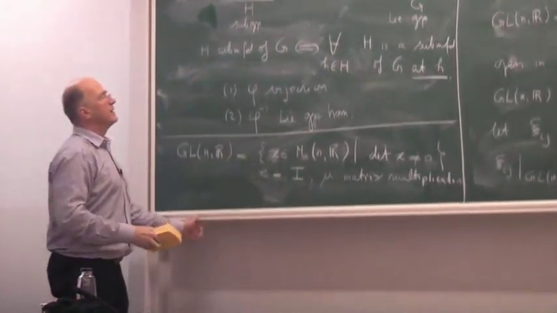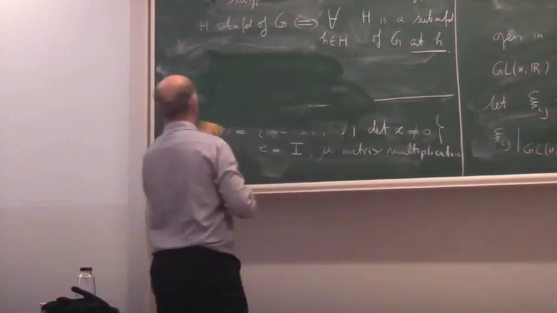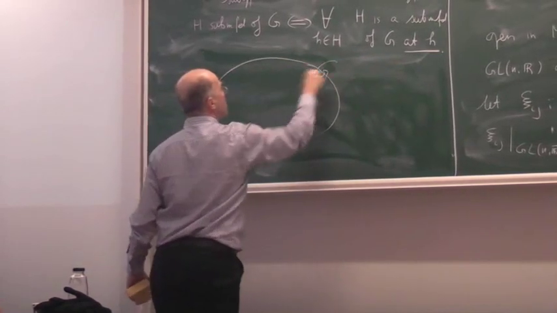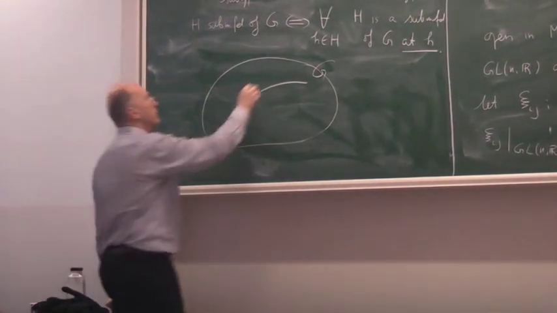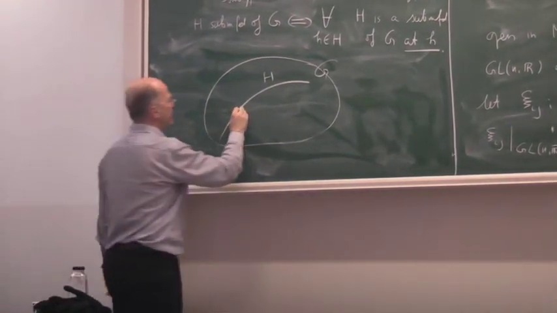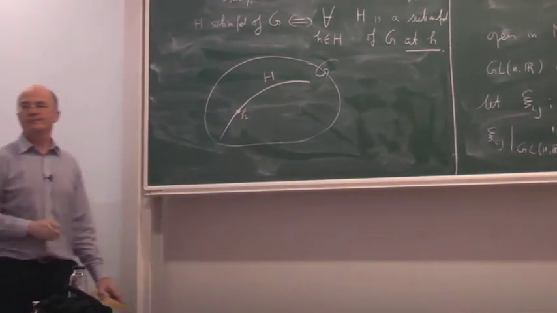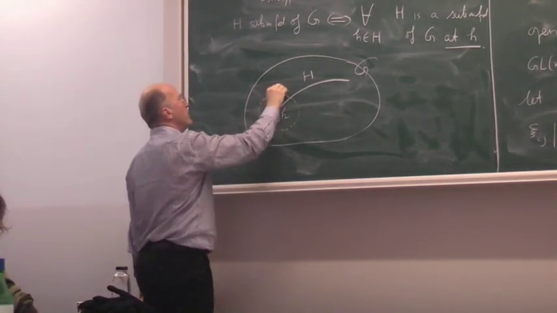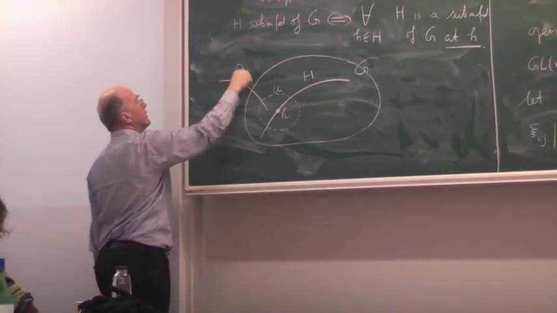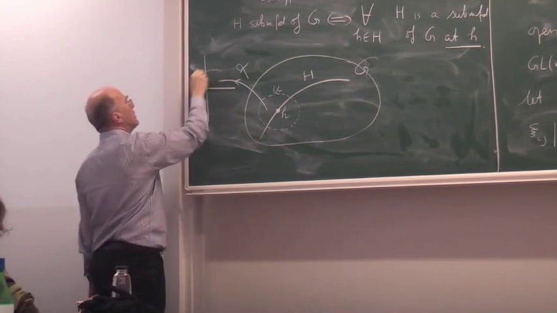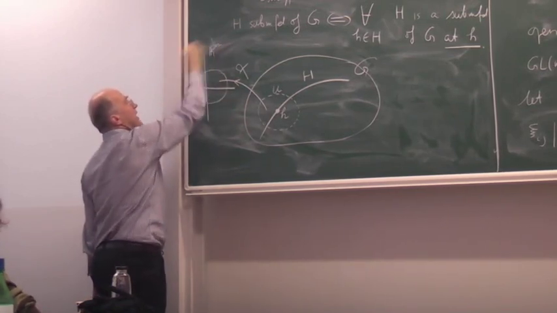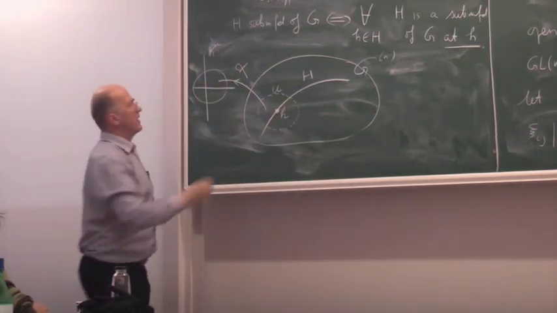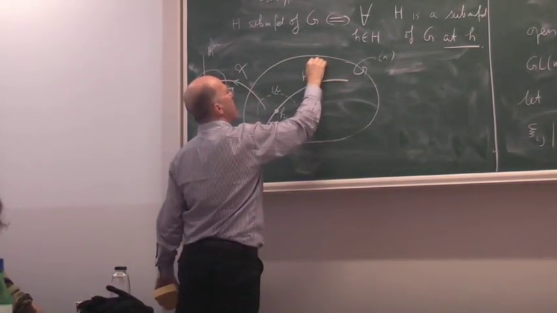And what does that mean? Well, let's draw a picture. Here we have a mental picture of our Lie group G, and here we have a mental picture of our subgroup H. What I want is that at every point h of the group H, it should be possible to find a chart, meaning an open neighborhood U and a diffeomorphism chi to an open neighborhood in R^n, n being the dimension of G. Let's say that H is going to be of dimension m.